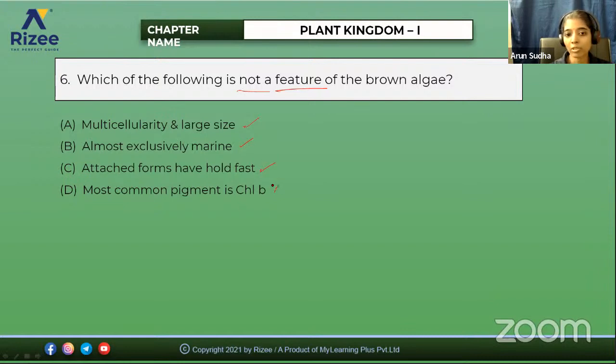But this is false: the most common pigment here is not chlorophyll B. It contains chlorophyll A and C, and mainly fucoxanthin. So this is the correct option.